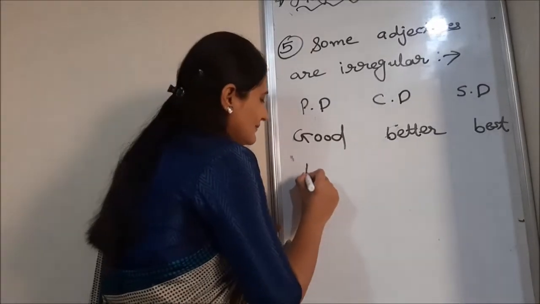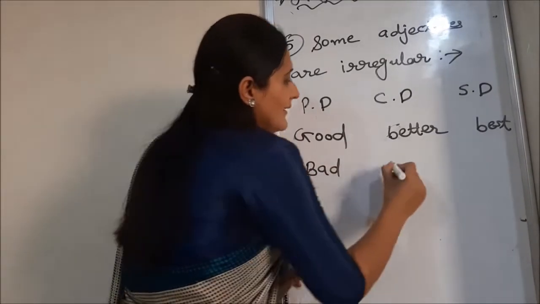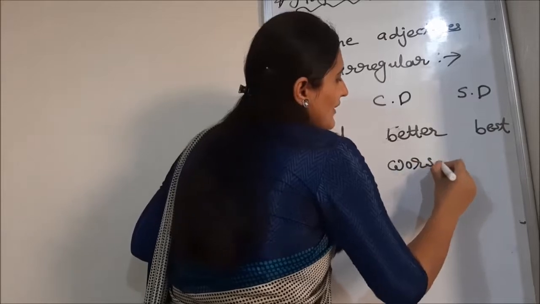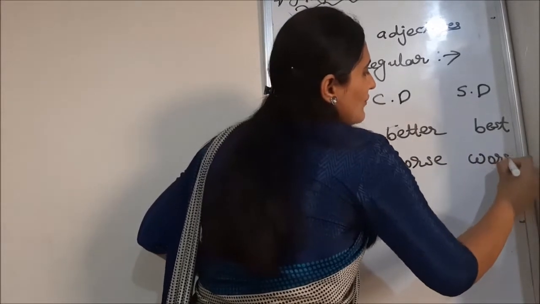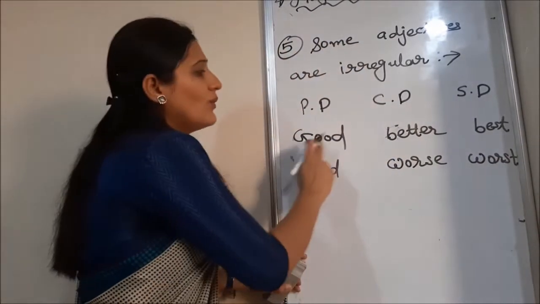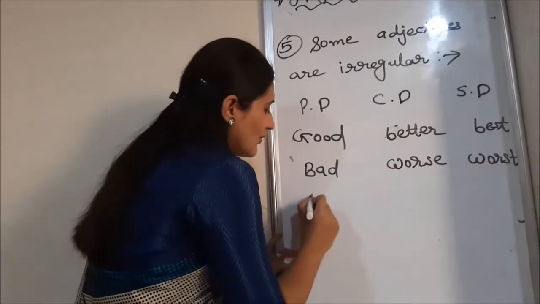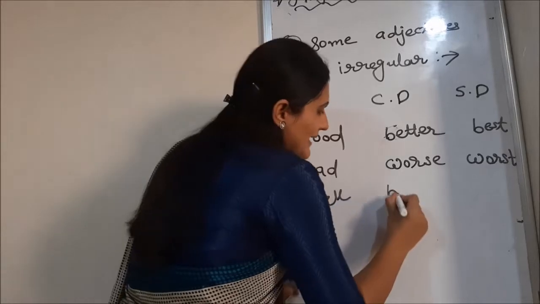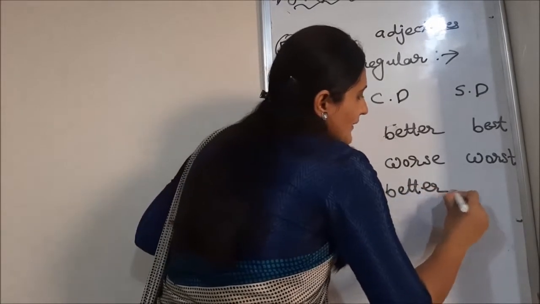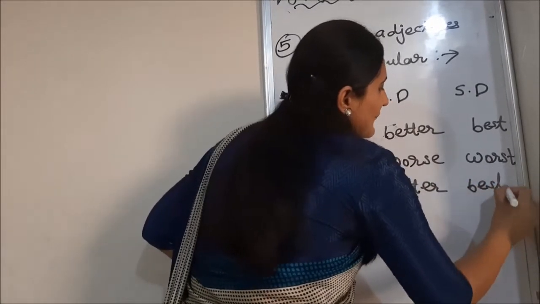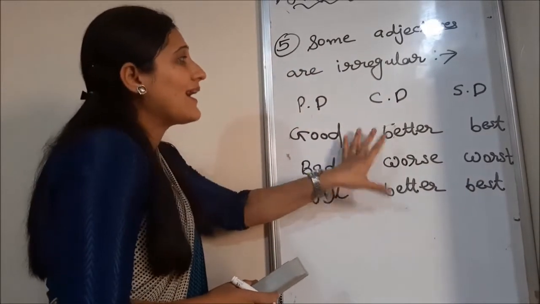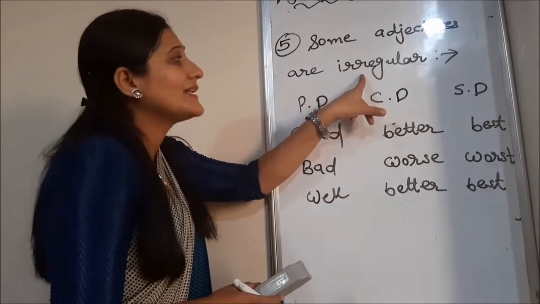If bad is given, then you will write worse and worst. Good, better, best; bad, worse, worst; well, better, best. These are irregular adjectives.